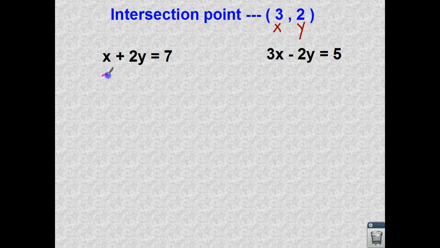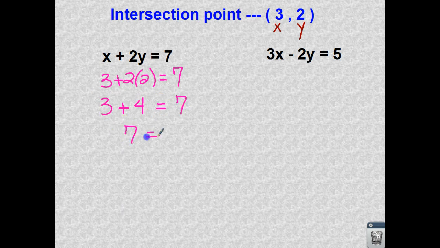X is replaced with a 3, and the y is replaced with the 2. And let's see if that actually is equal to 7. So order of operations, 2 times 2 is 4. Bring down our 3. And yes, 7 is equal to 7. So we know that the ordered pair satisfies the first equation.